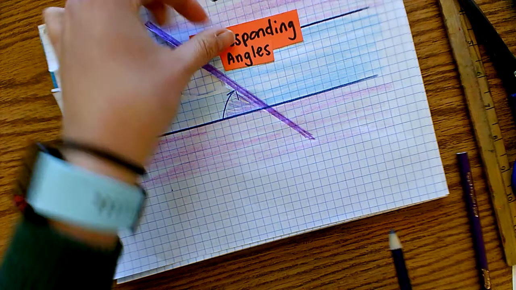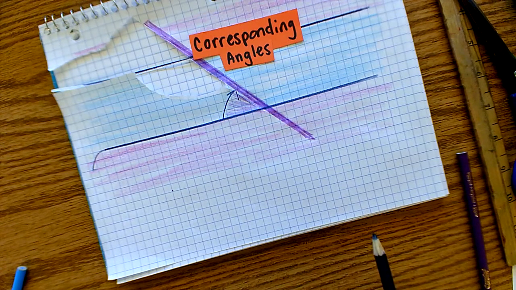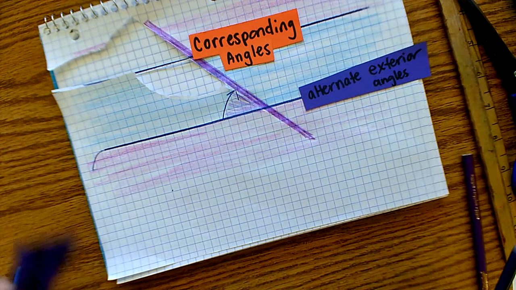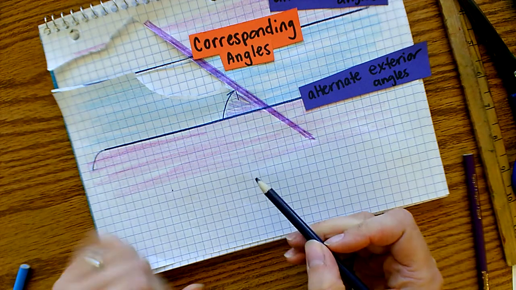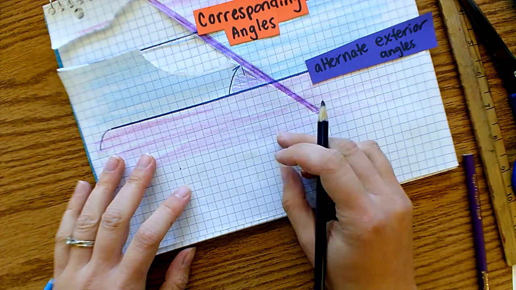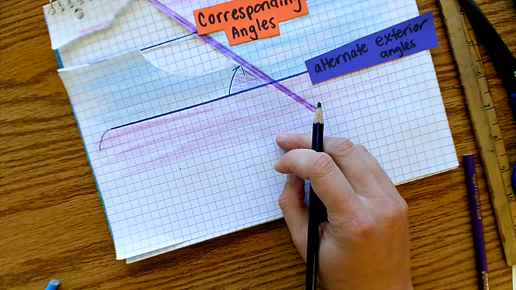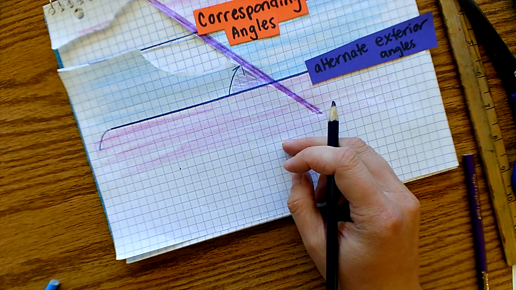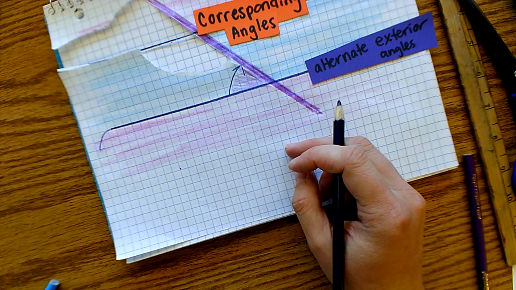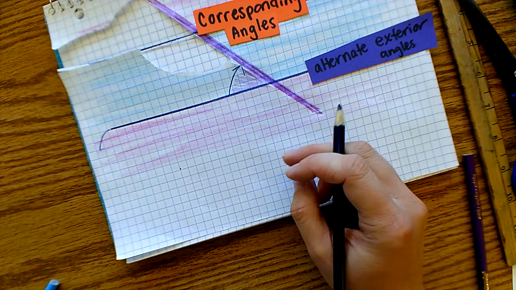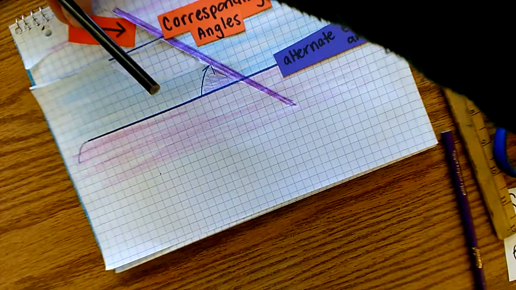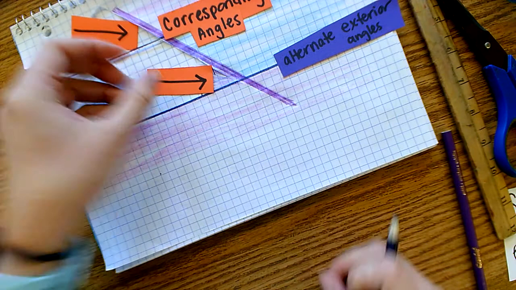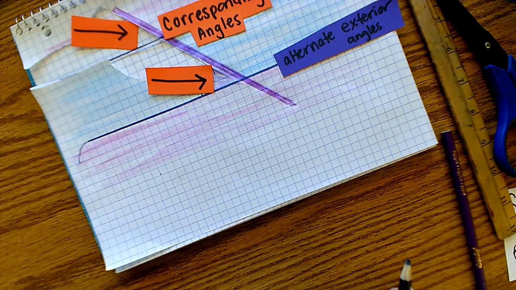Well, if we remember our terms, corresponding angles and alternate interior angles and alternate exterior angles, let's write down what we found. So when it comes to corresponding angles, which, as you may remember, are the ones that are right here and right here, because they are on the interior and exterior.